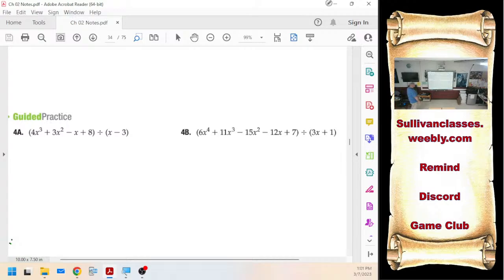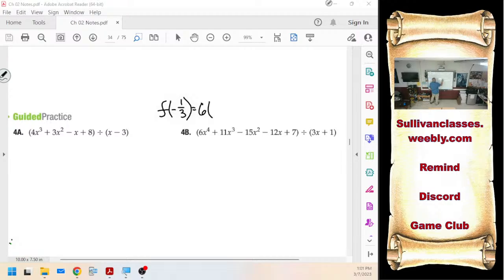I would like you to, if you would, quick. What is the function of negative 1/3 for this? Everywhere there's an x, I'm going to put a negative 1/3. Okay.